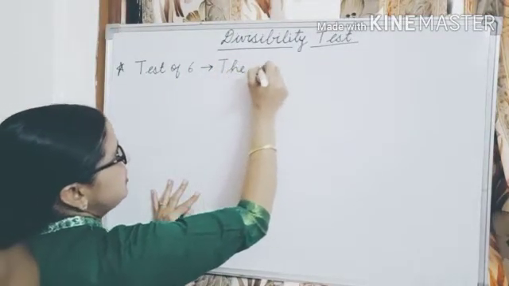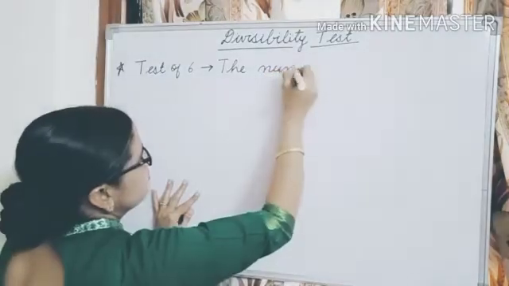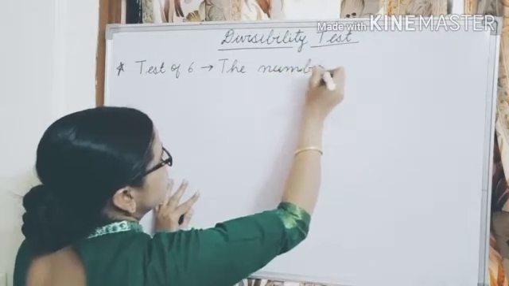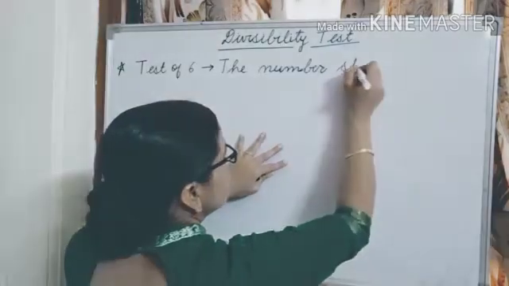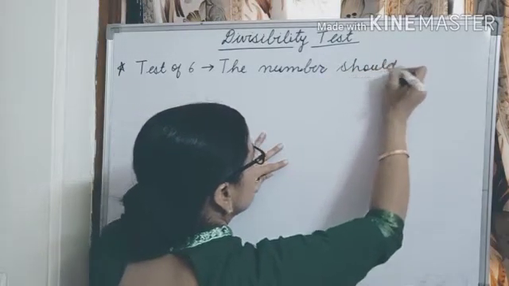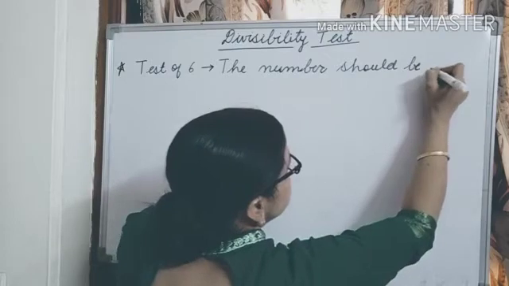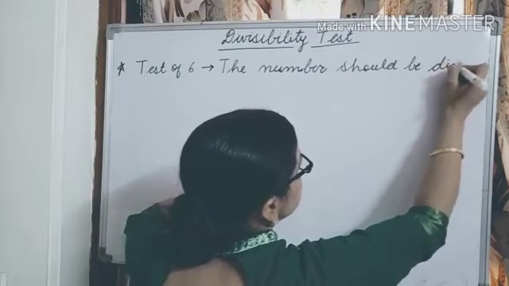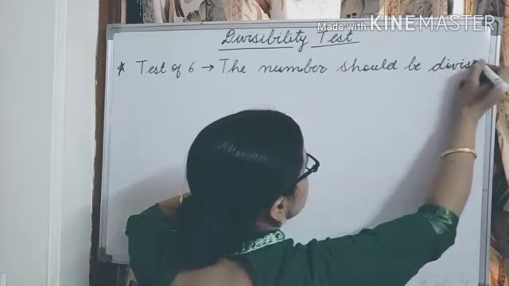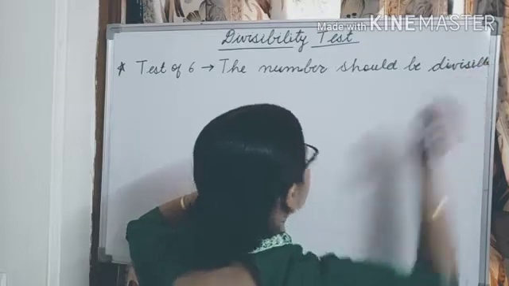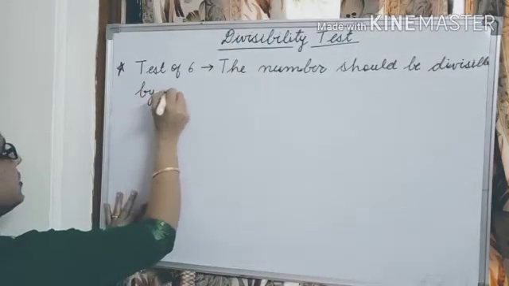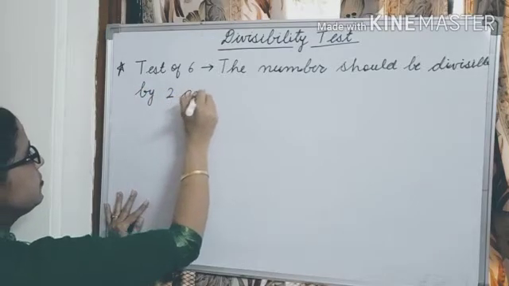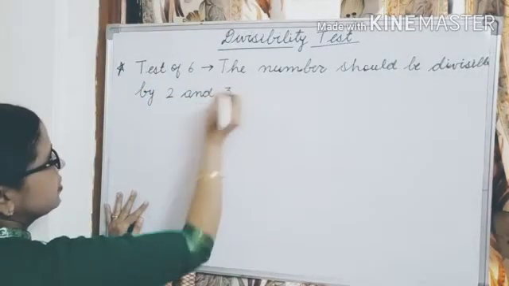The number should be divisible by 2 and 3.